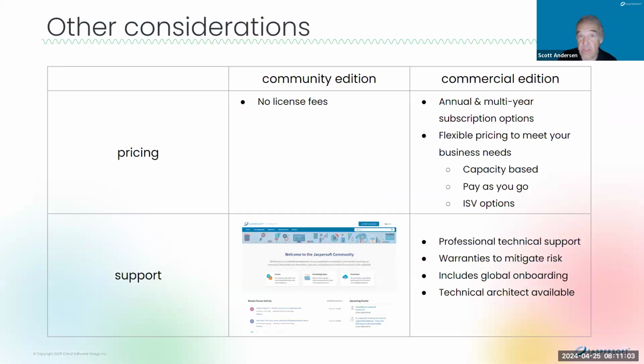There are some other considerations around selecting community versus commercial. Of course, there is the price. Community does not have any licensing costs. However, when you consider the effort in maintaining the delivery options that the commercial offering provides, a subscription may be worth it. Jaspersoft licenses our commercial edition on an annual or multi-year subscription.